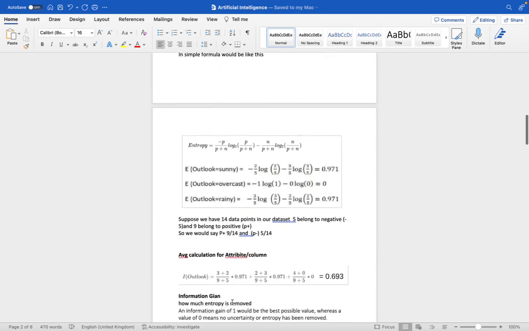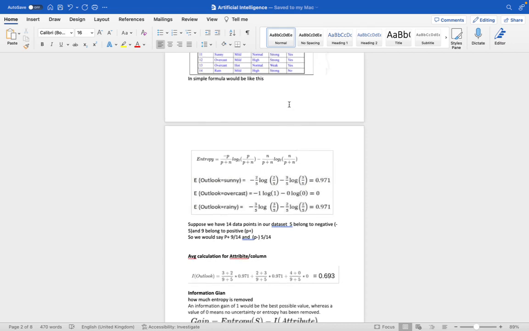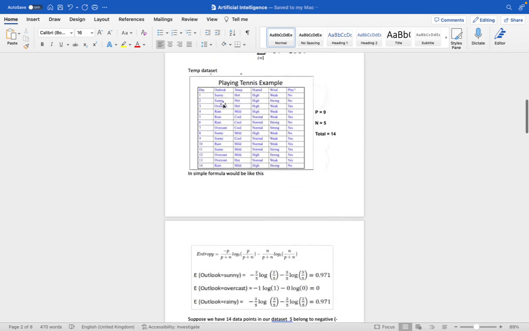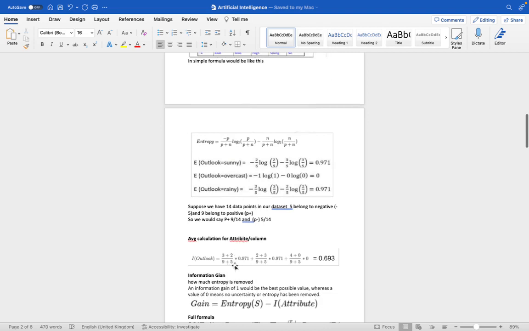So 9 plus 5 and 3 plus 2, that is the total for sunny, and we multiply it by the entropy value, 0.971.